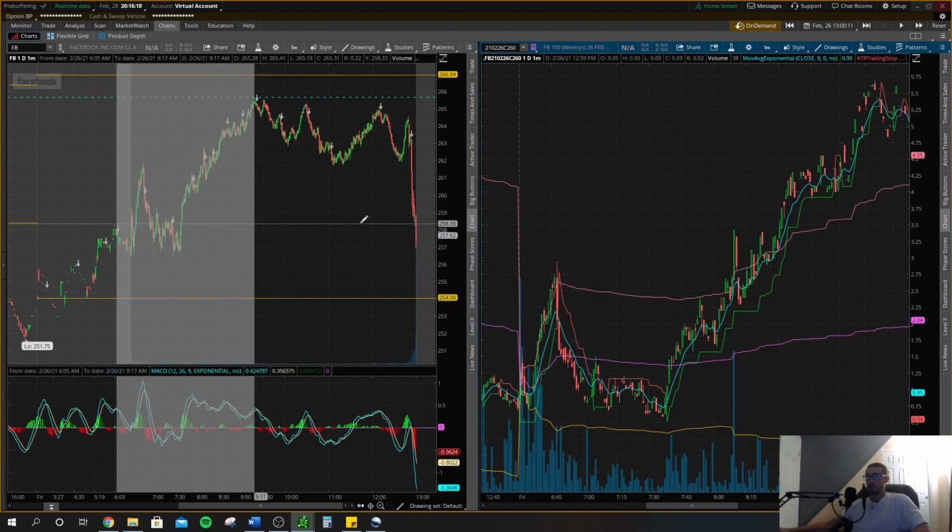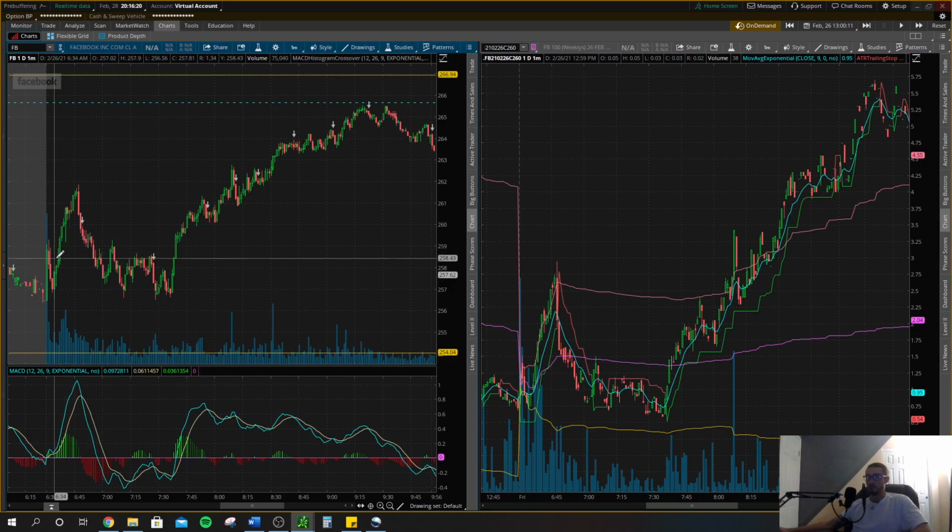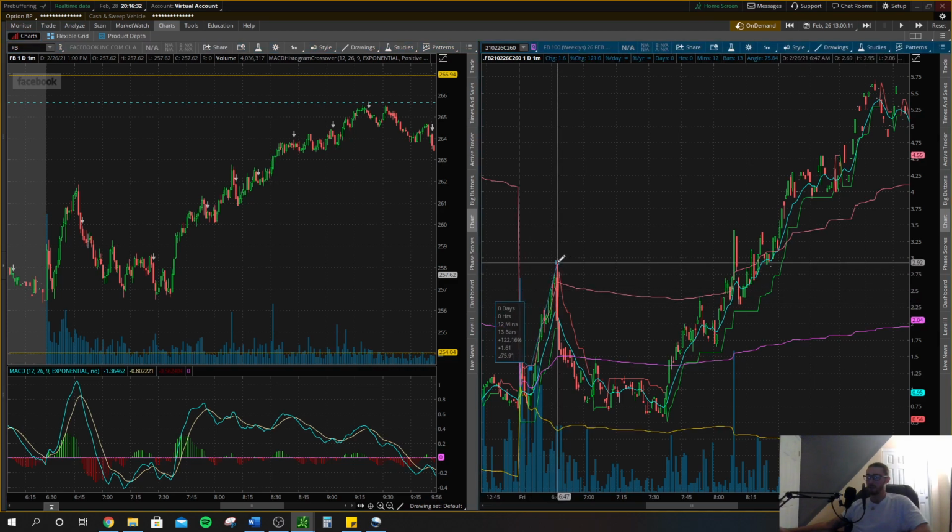But right here, Facebook goes long at about 6:35. The contract at 6:35 was worth $94 a contract. In the span of about 12 minutes, that contract was now worth $290. And yes, this does pull back about 60%. However, this long signal is still in play.